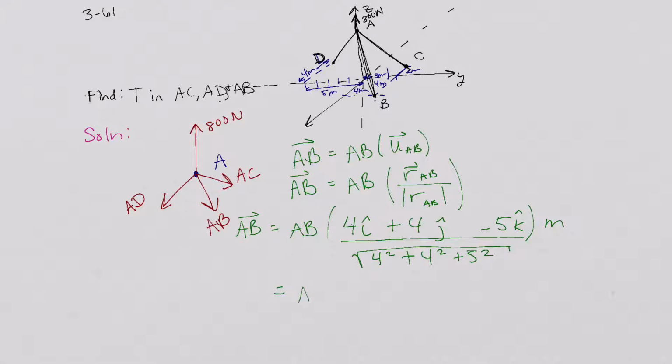So AB ends up equaling, the square root of 4 squared plus 4 squared, so that's 16 plus 16 is 32, and then plus 25, so that's 57, so that would be 4 over the square root of 57 I plus 4 over the square root of 57 J minus 5 over the square root of 57 K. And that's in meters.